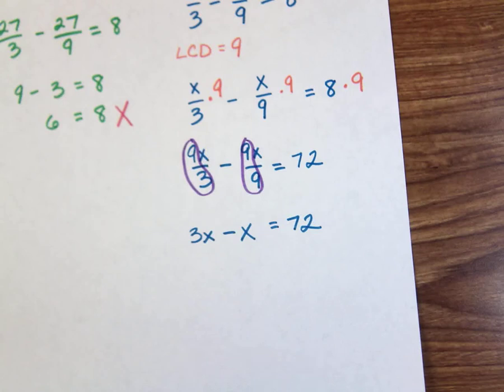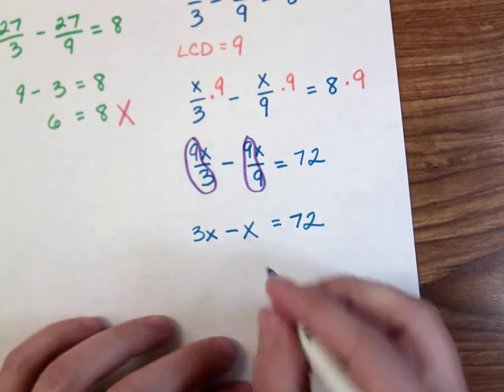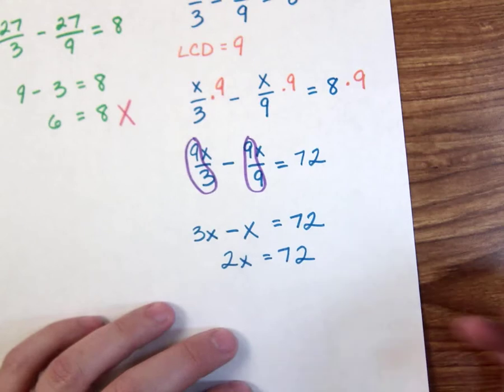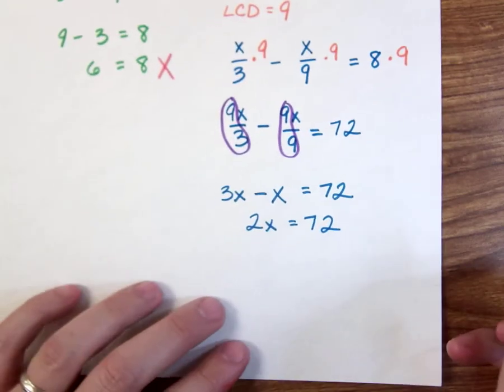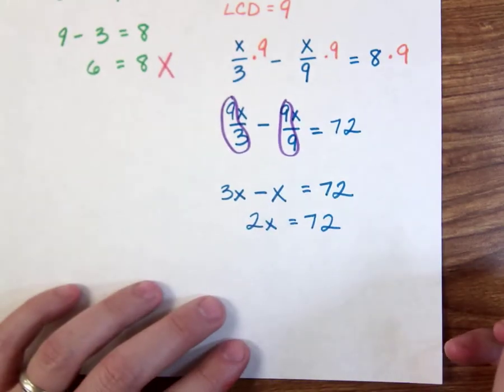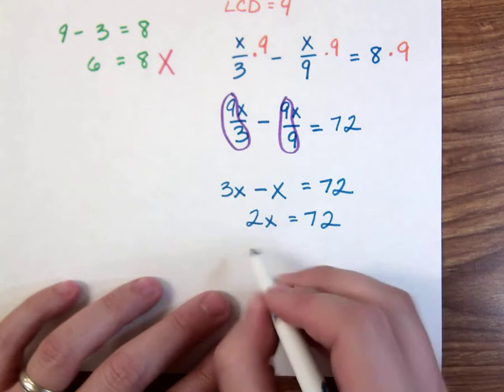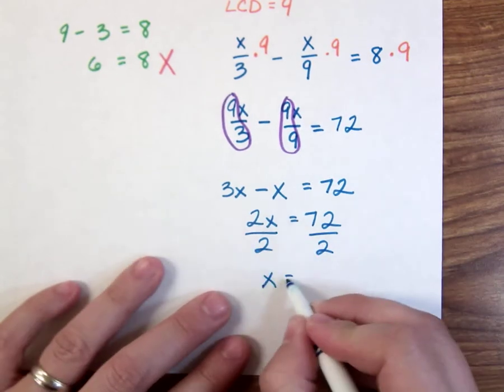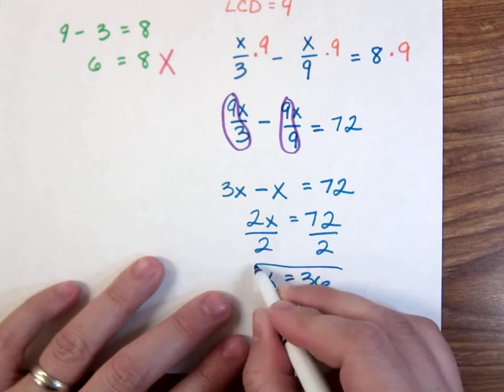So can we do 2x? Yeah, I think 2x is good. 3x minus x is 2x. And then divide by 2. So 72 divided by 2 is 36.